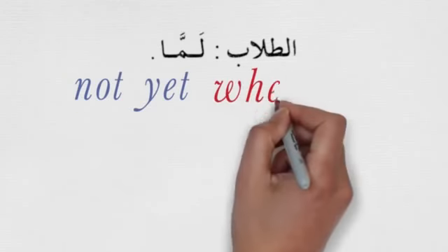Lamma. So what is lamma? Lamma means not yet. Whenever lamma is used, we don't have to bring the fa'al in front of it; it is understood. Most of the time only lamma is used. Interestingly, lamma has two meanings. The first is not yet, and the other means when.